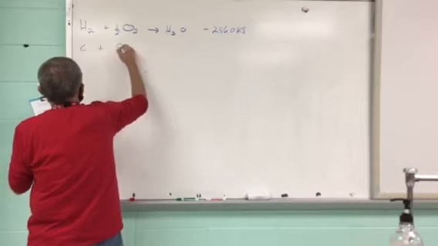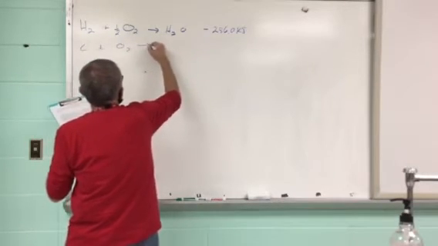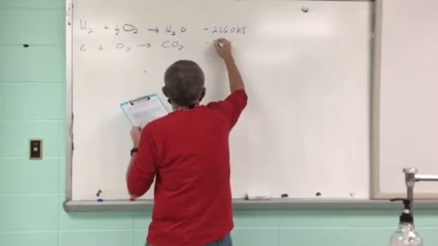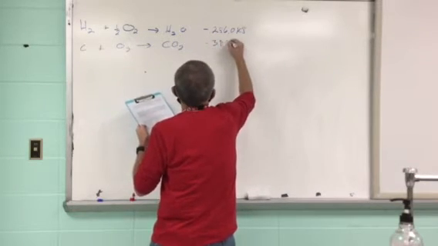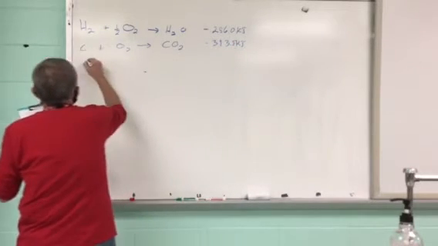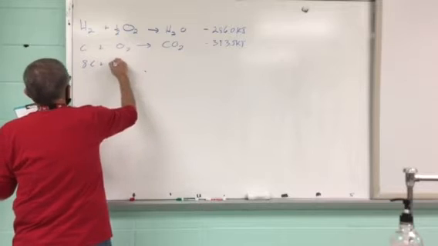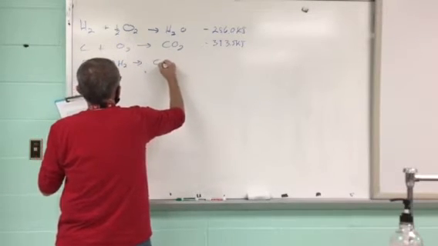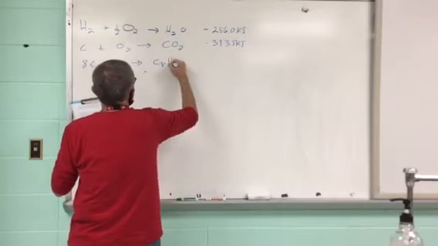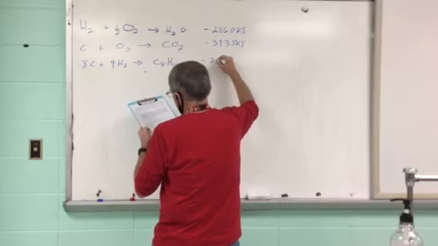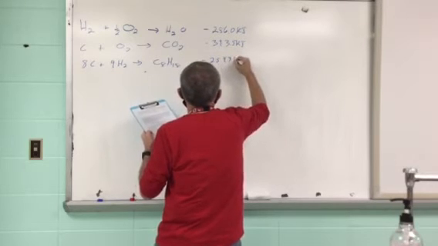Carbon plus oxygen goes to carbon dioxide. That's negative 393.5 kilojoules. And finally, 8 carbon plus 9 hydrogen, that's octane or isooctane, and that is negative 259.3 kilojoules.